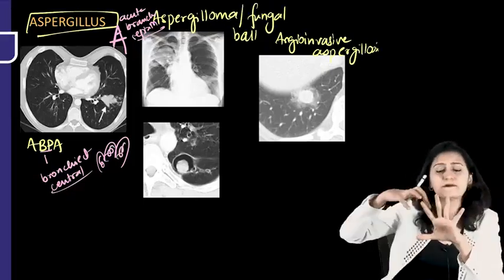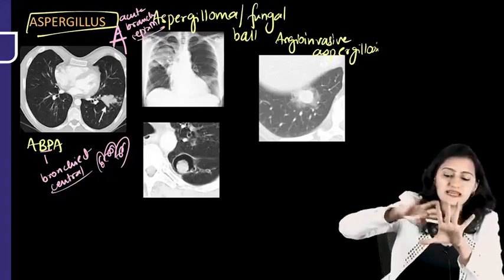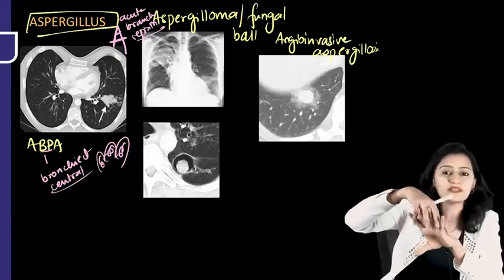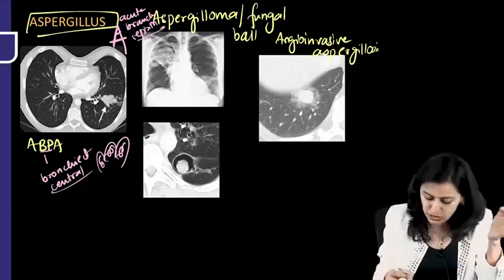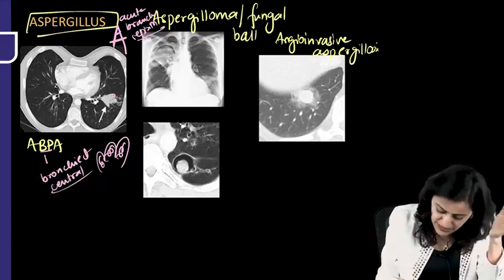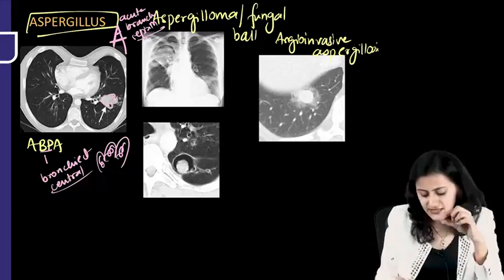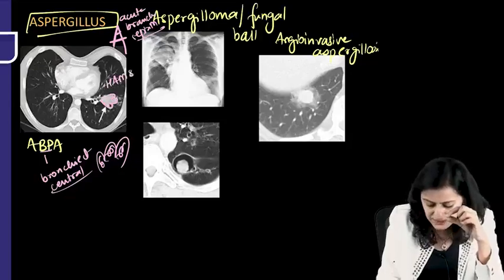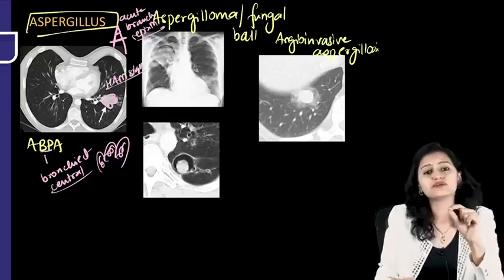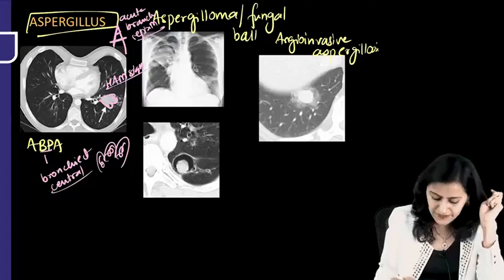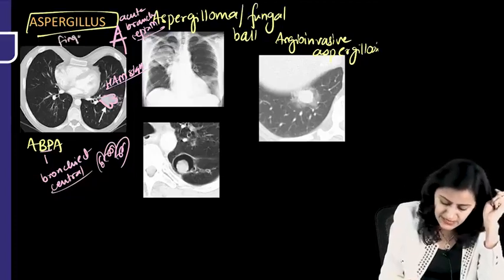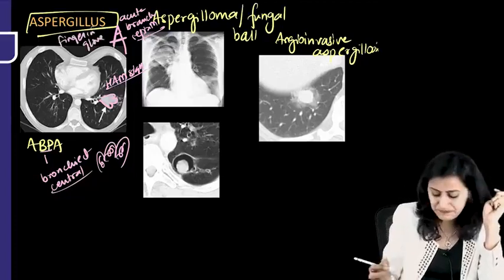So that gives the finger in glove sign, right? The fingers are the bronchi filled with the mucus, the white gloves. This is also called the ham sign, the high attenuation mucus inside the bronchi, right? So this is finger in glove sign.